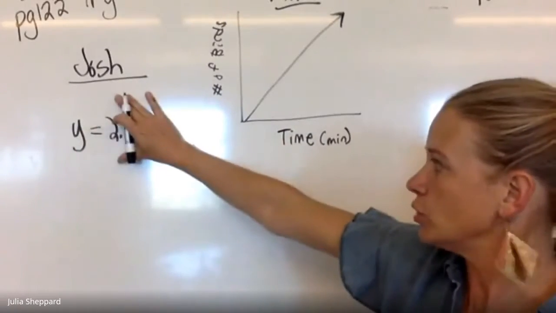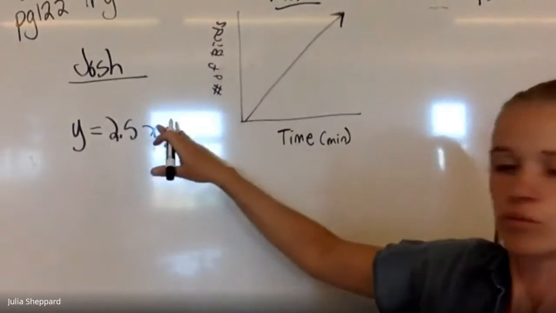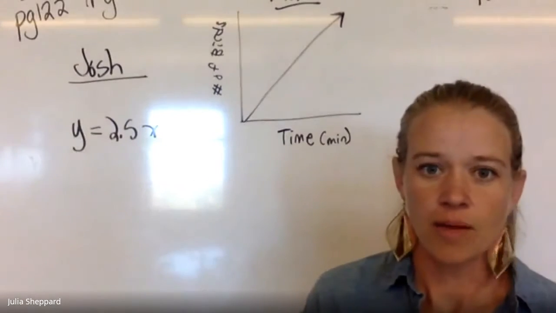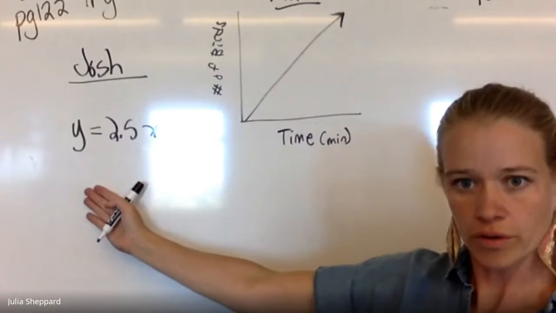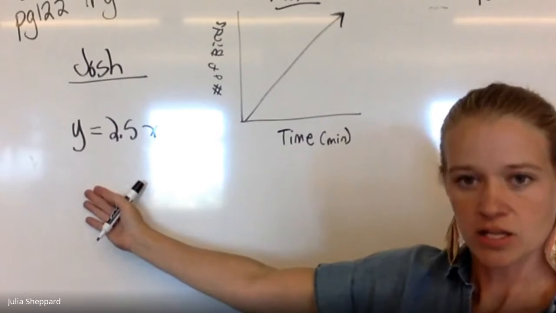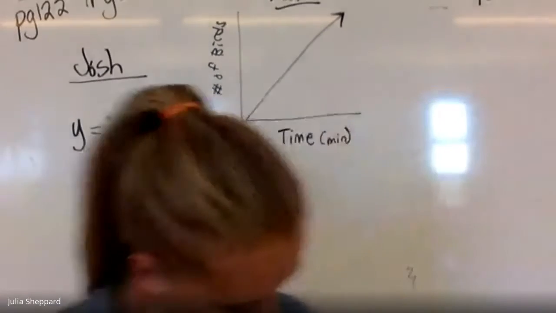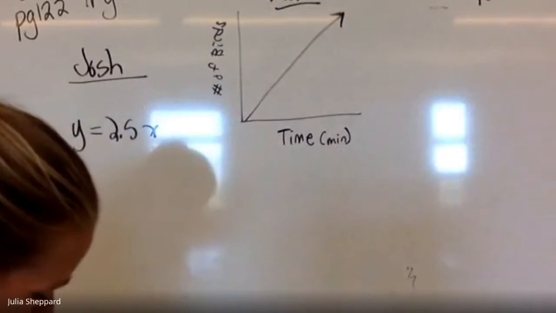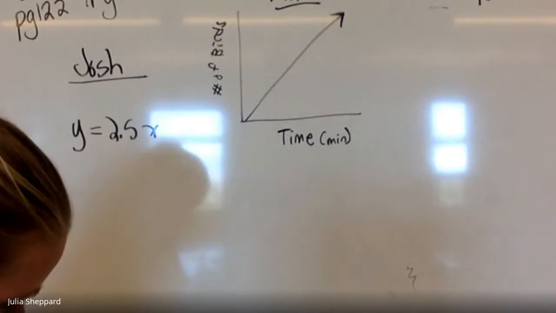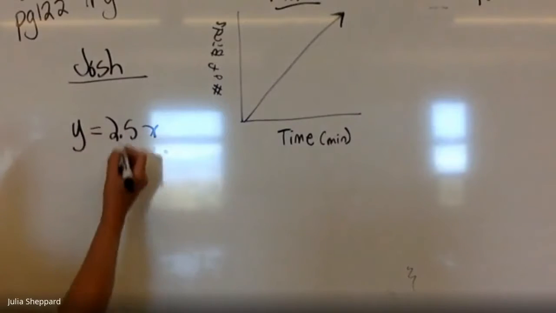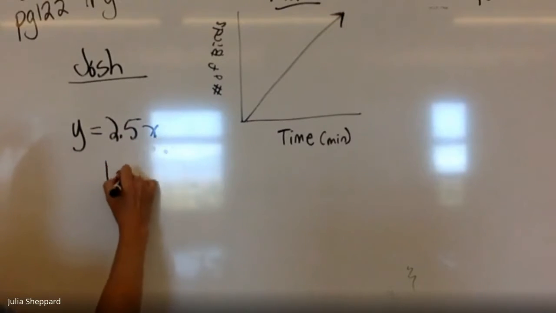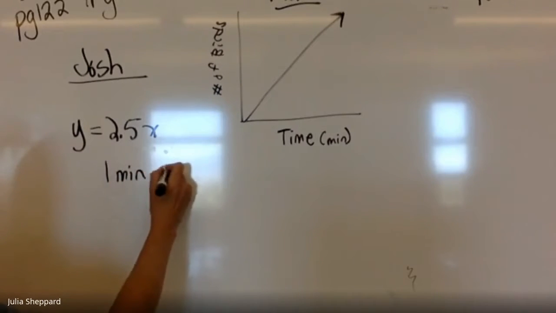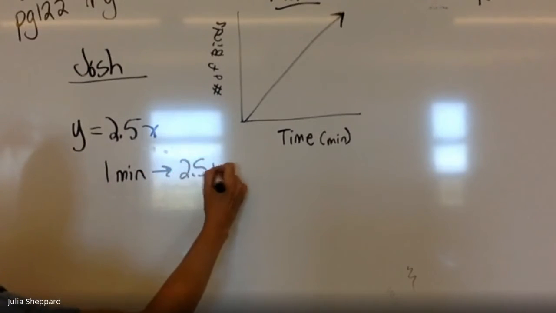Now what we can do is we can find the rate that they made the birds from the graph or the equation and compare the rates. So let's look at Josh first. Well, if he does 2.5x, that means if he works for 1 minute, he makes 2.5 birds, right?